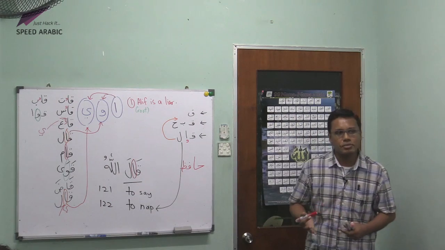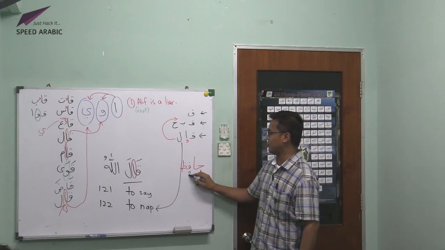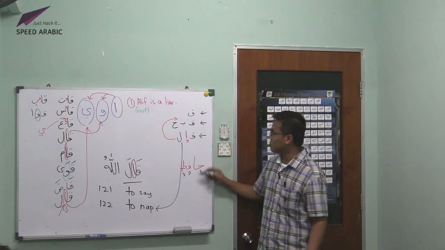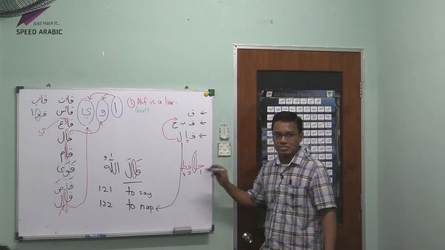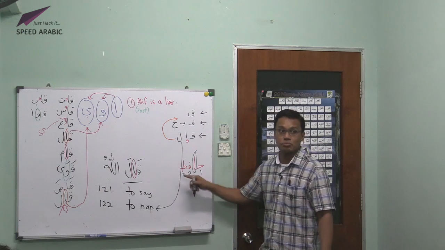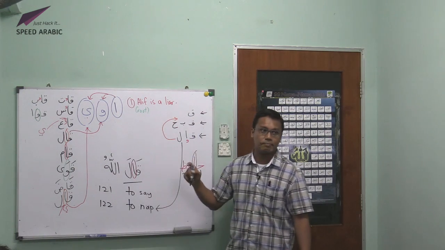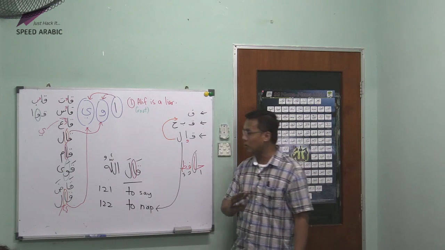Where is the root? Ha-fa-dha. Is this alif one of the roots? It's not one of the roots. So this is not what we are talking about. We are not talking about stems. We are talking about roots. So when an alif occurs as a root, it's a lie. You need to know that it's either waw or ya.